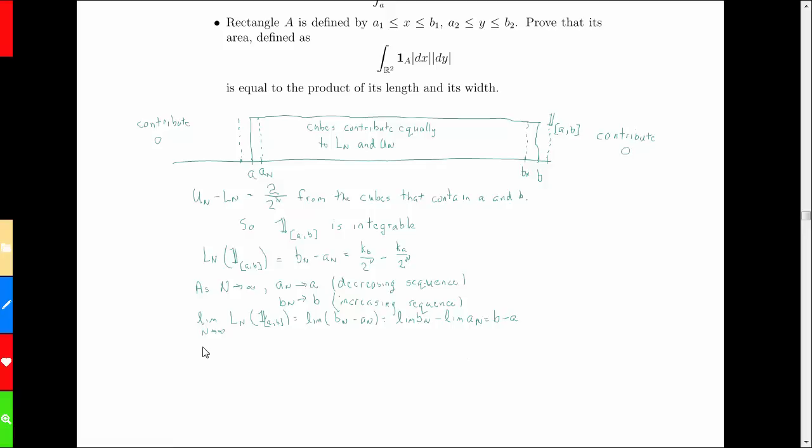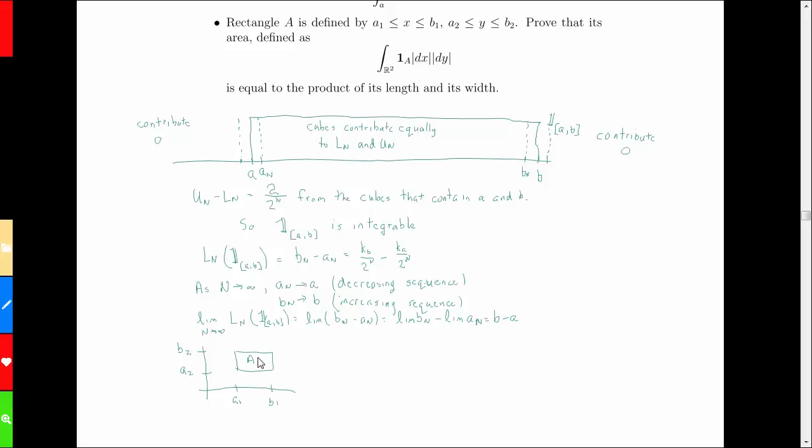And now we can finish it off by combining the two results we've just proved. We've got a rectangle that extends in x from a1 to b1, that extends in y from a2 to b2. So there's our rectangle.